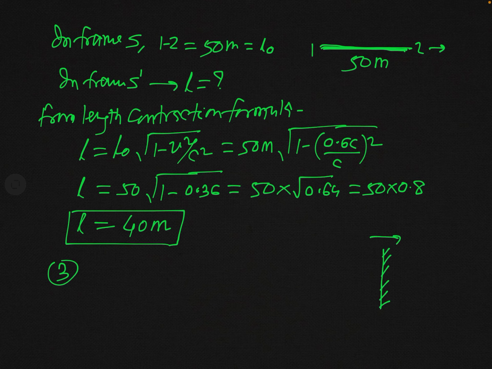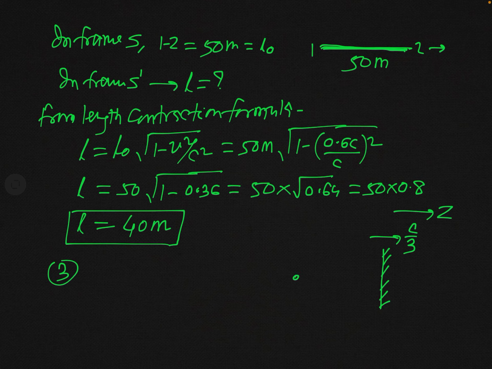This wall is also moving, with velocity c by 3. Z hat denotes the direction, so I am not mentioning it here. Let us say this is the direction of the Z axis, and the wall is moving in this direction.